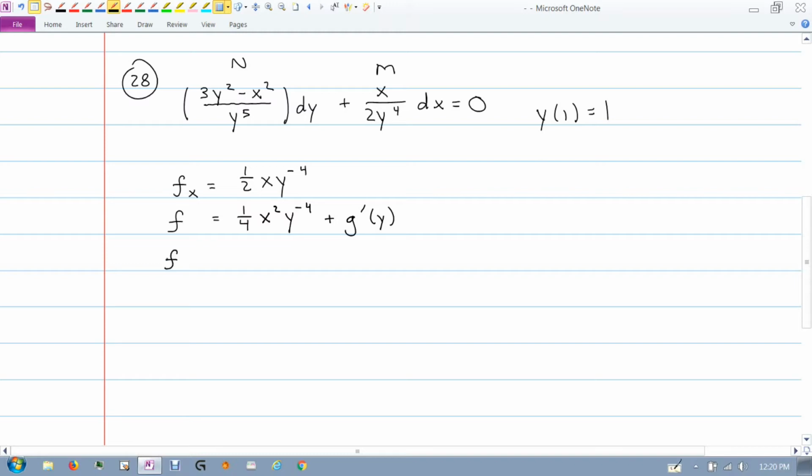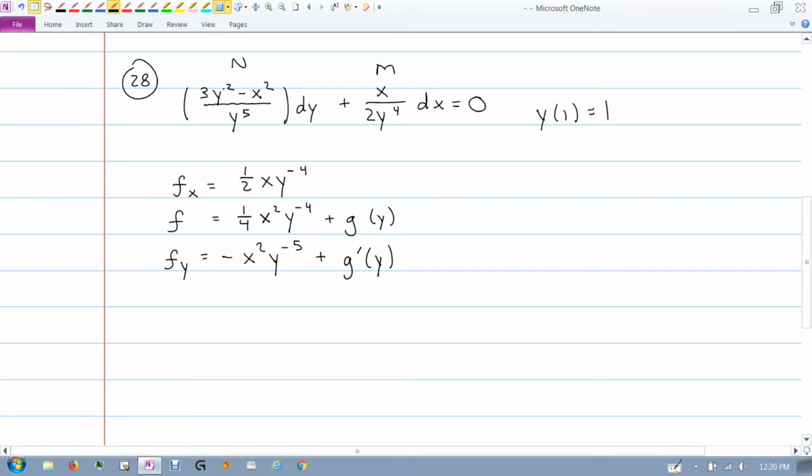And then if we take the derivative of that with respect to y, negative 4 comes out, so we get negative x squared y to the negative 5 plus g prime of y.